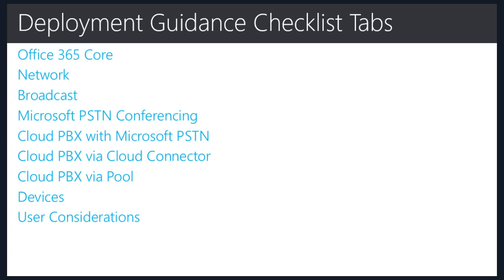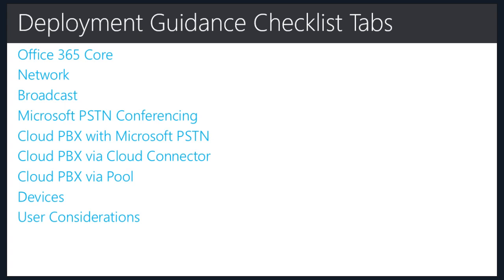Cloud PBX with Microsoft PSTN tab for tasks related to Cloud PBX with PSTN calling. Cloud PBX via Cloud Connector tab for tasks related to Cloud PBX with on-premises PSTN connectivity using Cloud Connector.